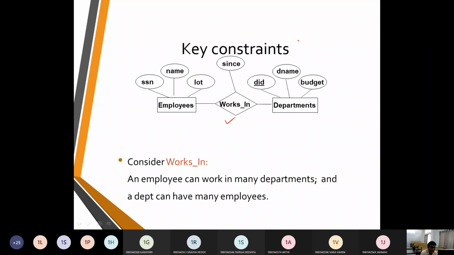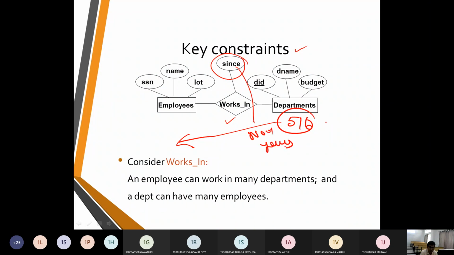In this works-in relationship, it is going to take up the key constraint where it is going to implement since. You can say this is an employee with an ID of 516 and he works in this department since the number of years we mention.